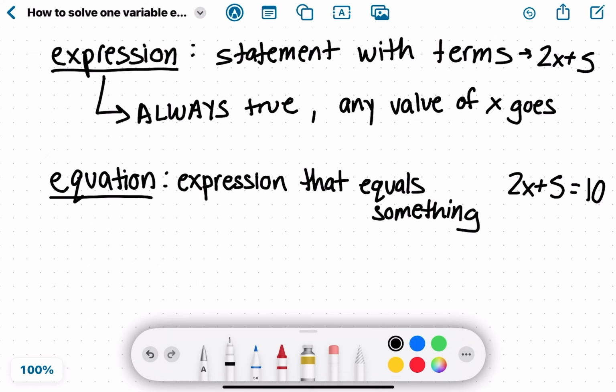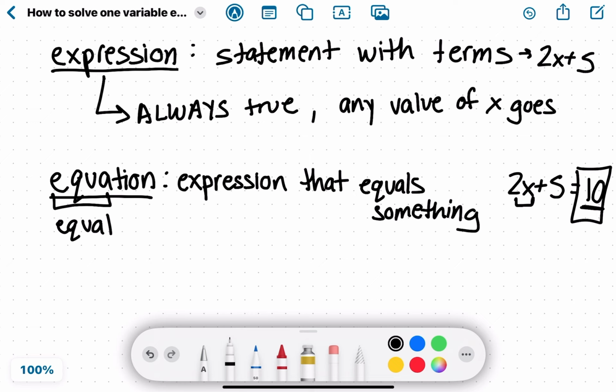You can kind of get it from the word itself, equal. Now, 2x plus 5 equals 10 has a set solution, so there's only a certain amount of values of x, in this case probably 1, which will give you this desired outcome. And that is what we're going to learn today, how to figure out what x is.